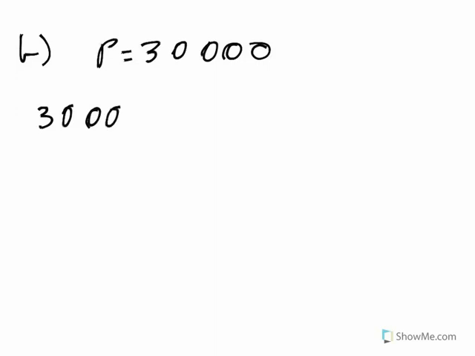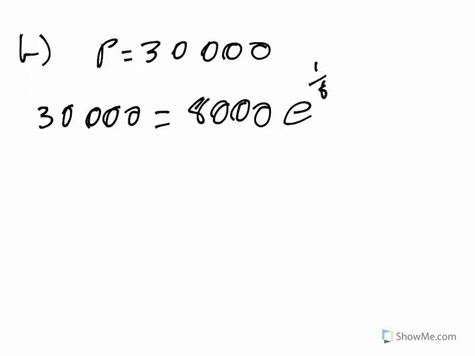Alright, part B for the example asks us when P is 30,000. So 30,000 equals 8,000 e to the 1/8 log to the base e of 15 on 8 t. I'll do a couple of steps here.